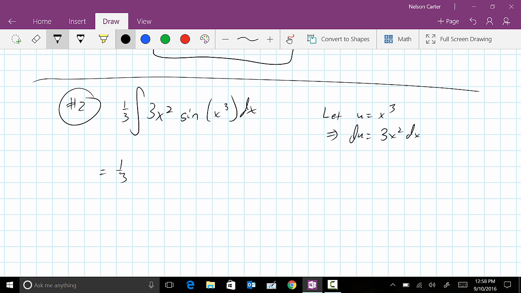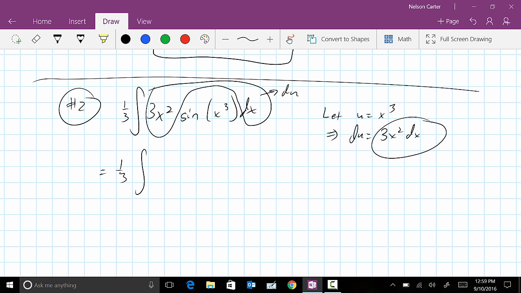So now I've got 1/3 times the integral of, and look, all of this becomes du, right? Because du is all of this, the 3, the x squared, and the dx. And you're going to replace that with the du, and then this becomes the sine of no longer x cubed, but sine of u. Okay, and so that's the idea.